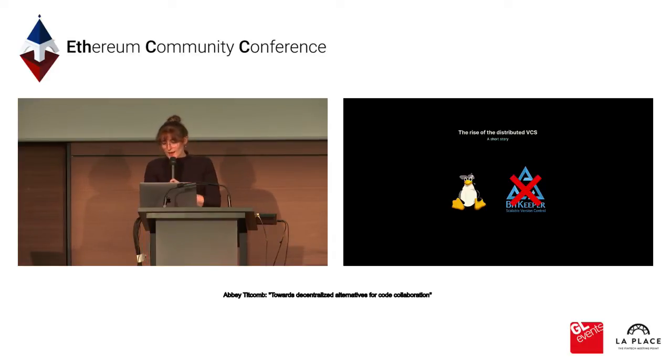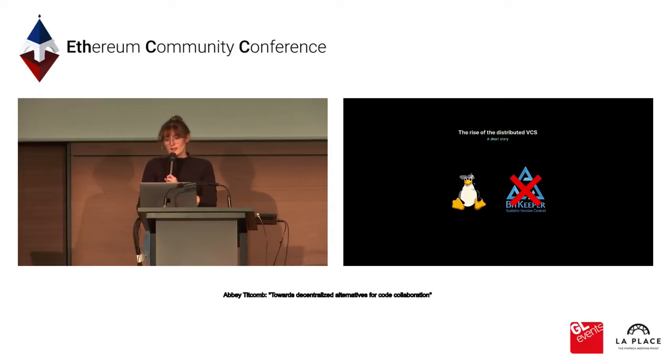What happened was one day, a Linux kernel dev, being the free software vigilante that they are, decided to reverse engineer the networking protocols of BitKeeper, in turn leading BitKeeper to revoke the free license, taking away Linus's access to the BitKeeper product.